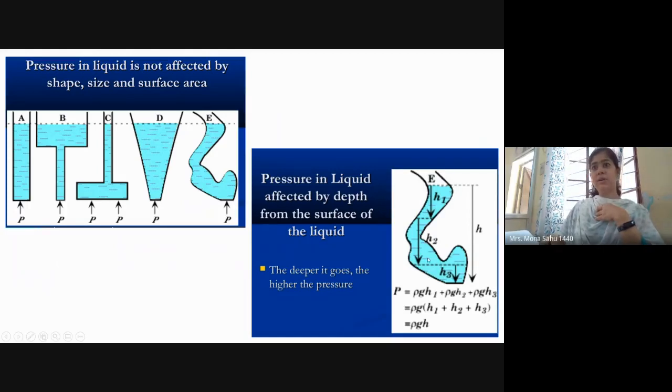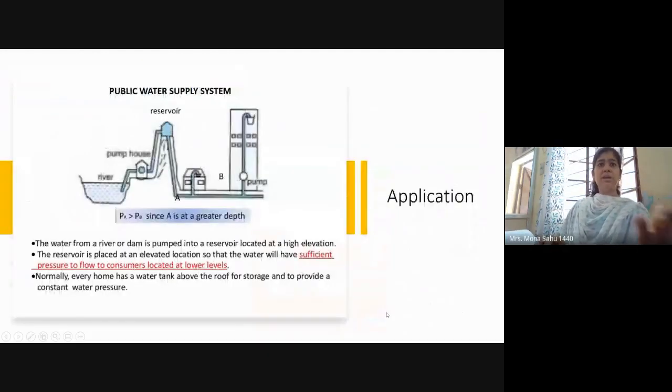If there are three different liquids altogether, we can just calculate the pressure by rho g h1, h2, and h3. Some of the applications I want to highlight today: the public water system. The water of a river or dam is pumped to a higher elevation so that the water has sufficient pressure to flow to the consumers located at lower levels.